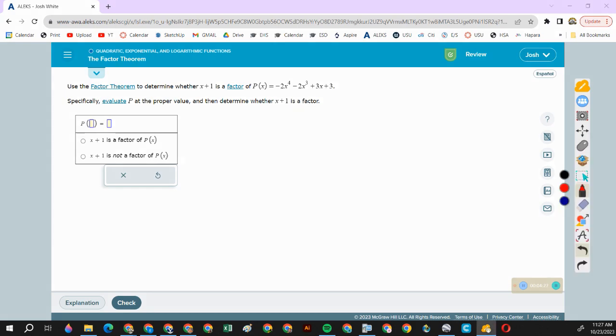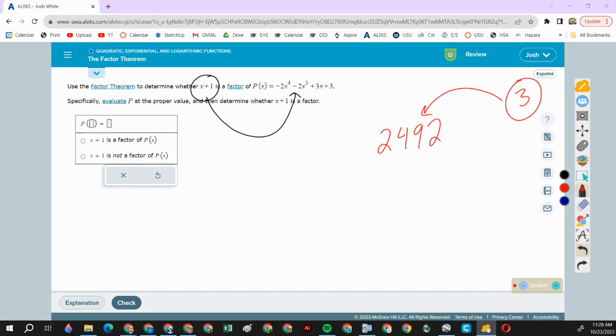So I want to know, is x plus 1 part of that equation? Is it a factor? Well, what if I had 2,492 and I wanted to know, is 3 a factor of that? How would you tell?